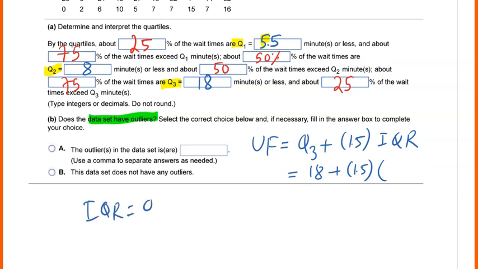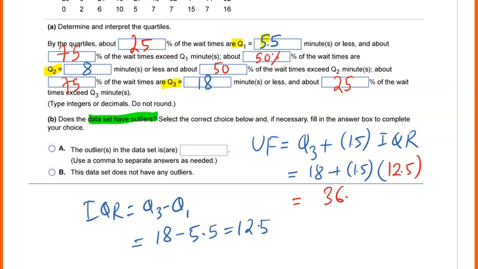IQR equals Q3 minus Q1. Q3 is 18 minus Q1 is 5.5, which is going to be 12.5. Okay, therefore I put the IQR here, 12.5, and if you do the math, you'll find the upper fence is 36.75.